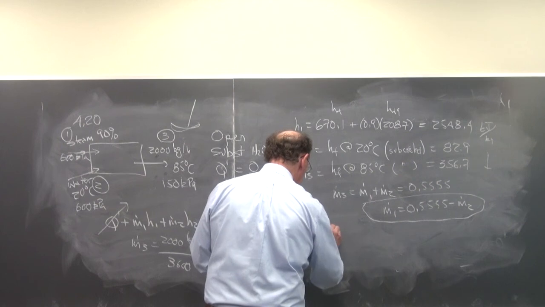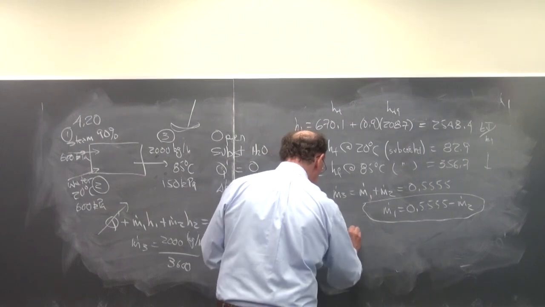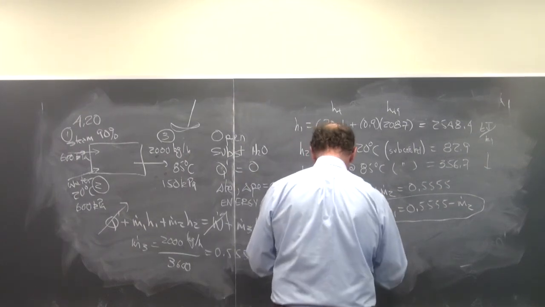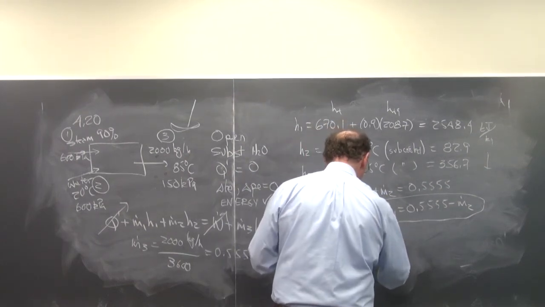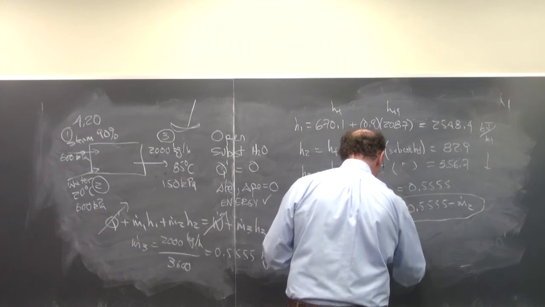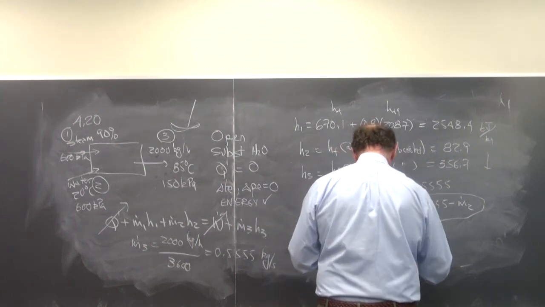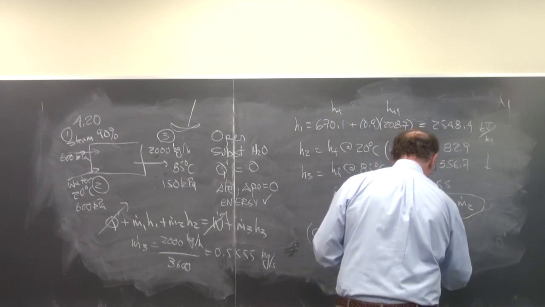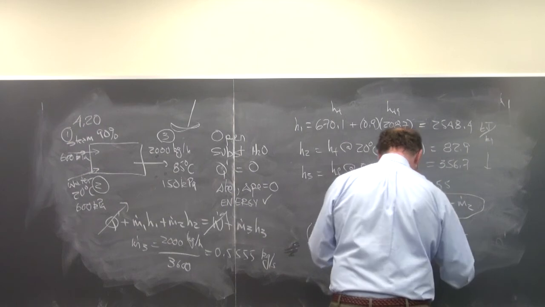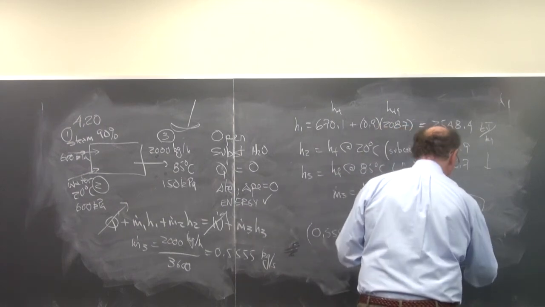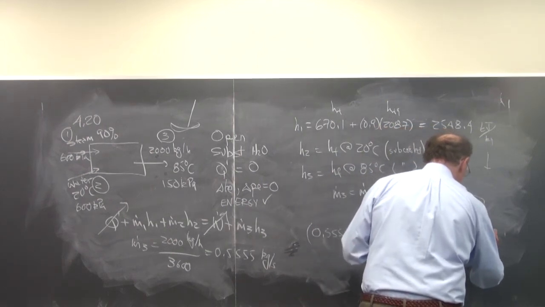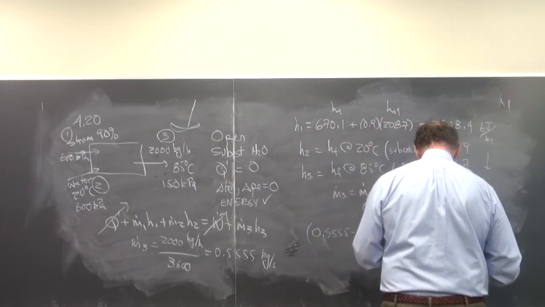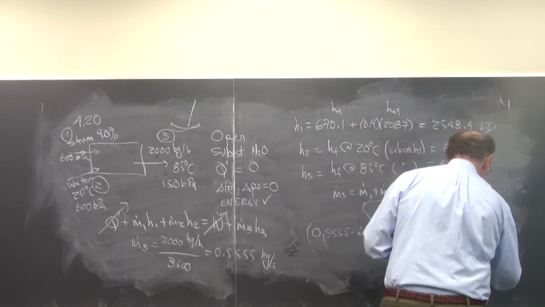0.5555, all these 5s, minus m dot 2 times 2548.7 plus m dot 2 times 82.9 is equal to 0.5555, all those 5s, times 356.7.